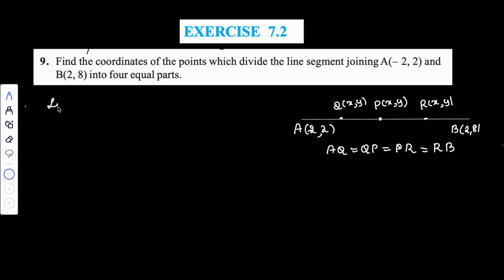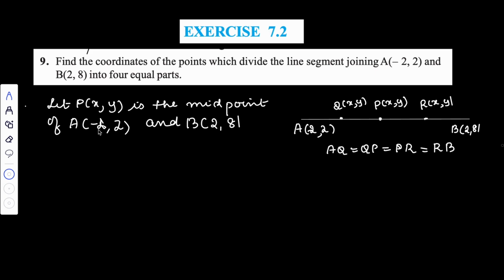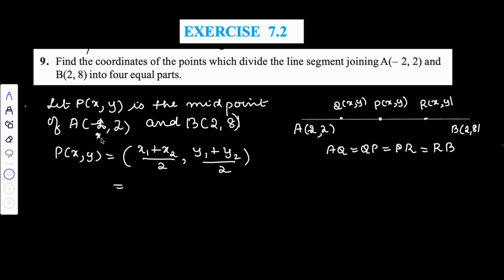Here let P(x, y) be the midpoint of A(-2, 2) and B(2, 8). So P(x, y), we are using the midpoint formula here: (x1 plus x2) by 2, (y1 plus y2) by 2, this is x1 and y1, x2, y2.